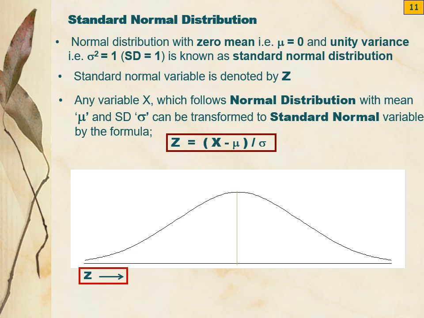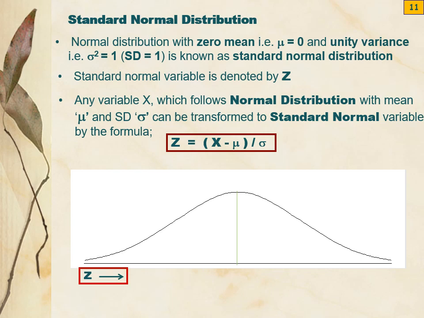Mu is the mean, sigma is the SD. That is, for any X, if mu and sigma are given to you, you can calculate the value of Z. This is the formula which we use in all the questions which are related with normal distribution.